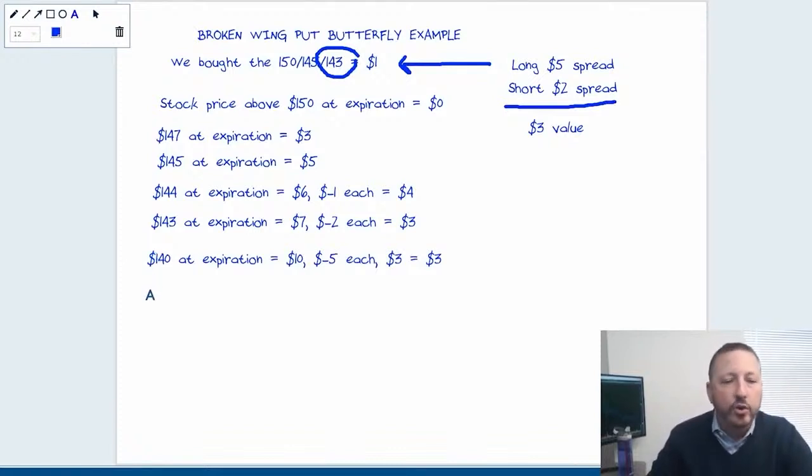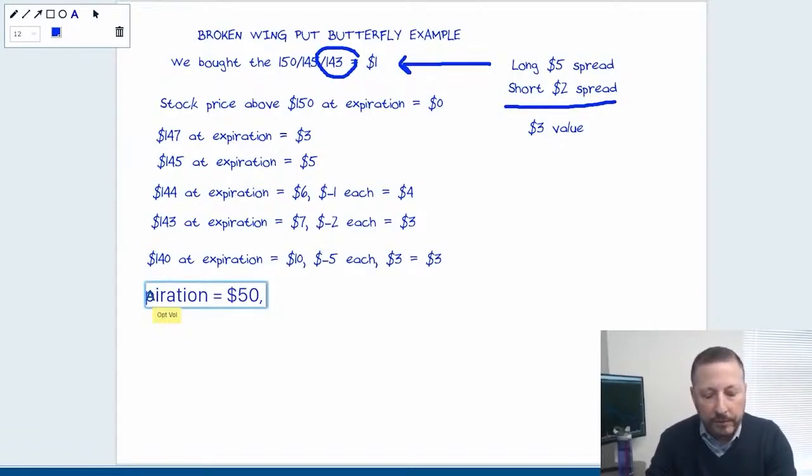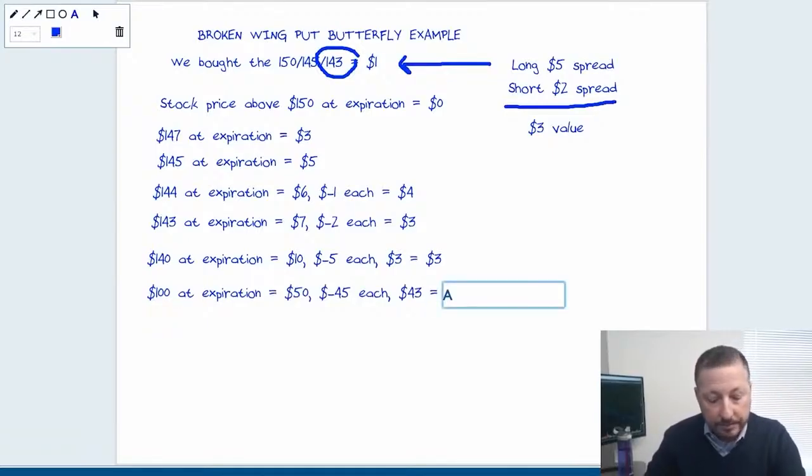Let's look at 100. Okay. If the stock is 100 at expiration, the long is going to be worth 50. The shorts are going to be worth $45 each. And then our long 143 is going to be worth 43 for a value of $3.